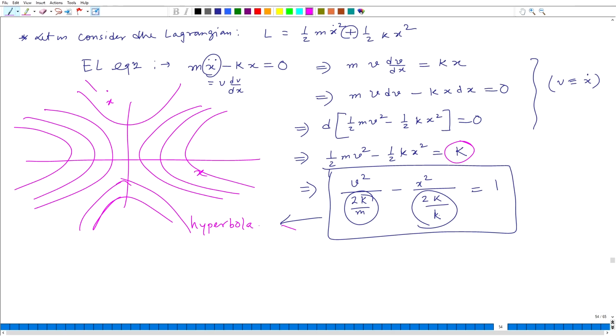Which hyperbola applies to the motion of a specific system or particle is given by this value of k, whether this hyperbola or this one or this one. So by this method we have found the phase space trajectories.